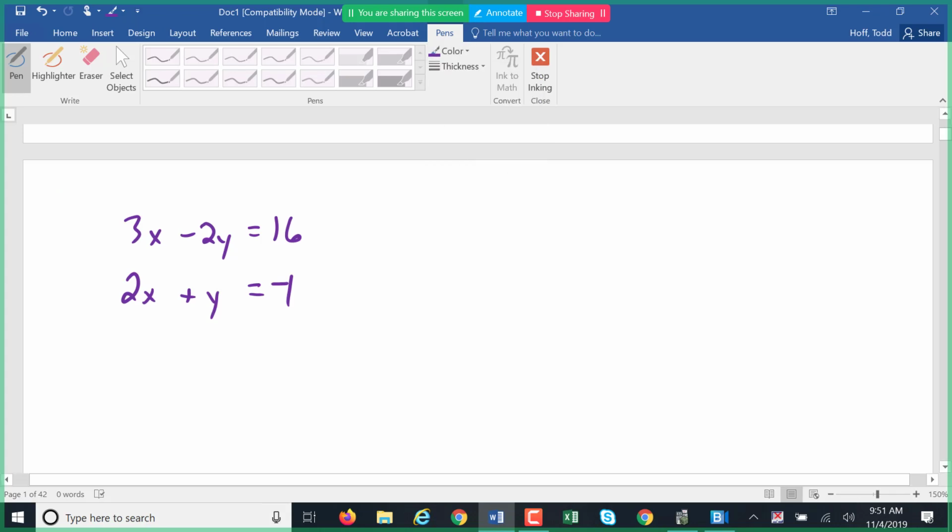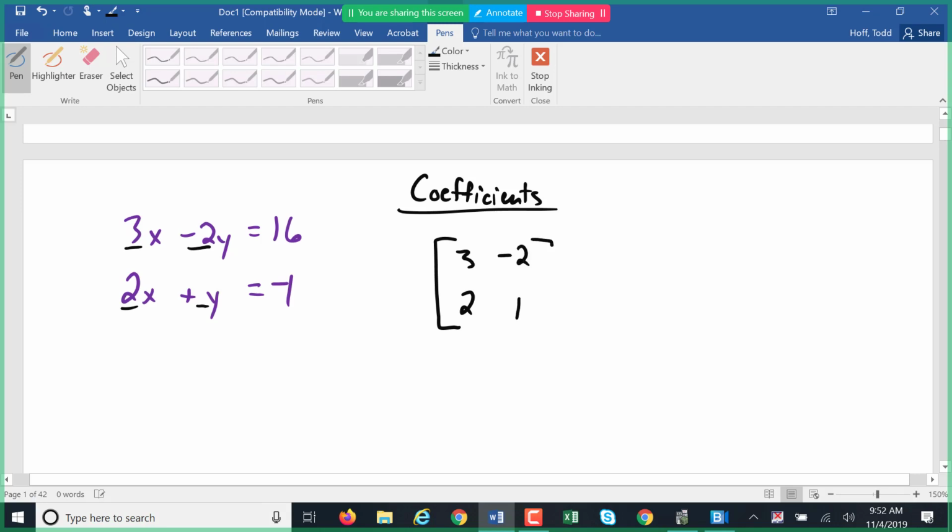We can represent, at least we can represent the coefficients, with a matrix. We've got 3 and 2 are the coefficients of x. This is -2 and +1 are the coefficients of y. So that's a matrix representing the coefficients of the variables in that system of equations.